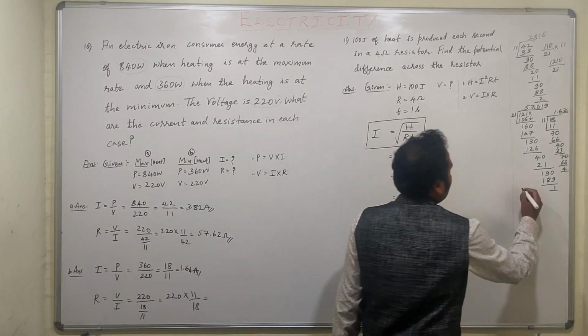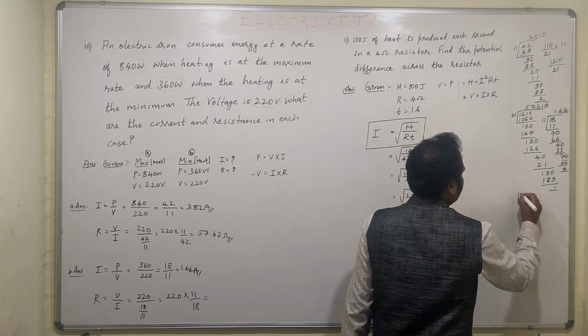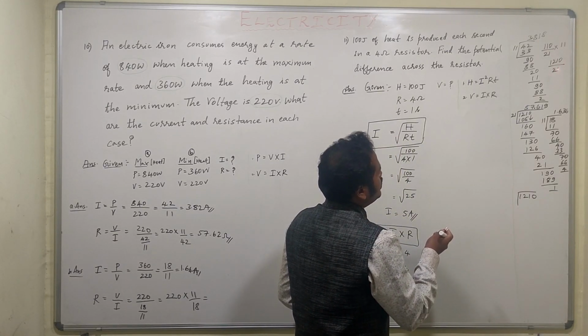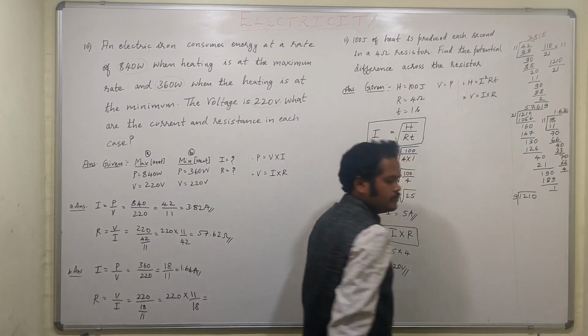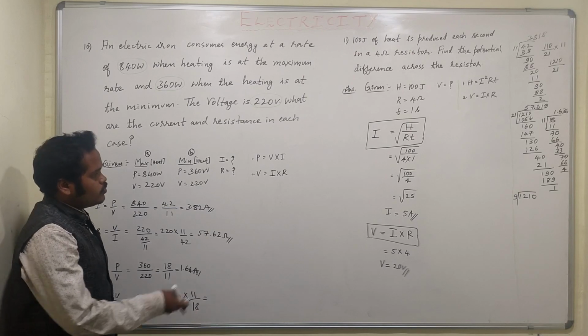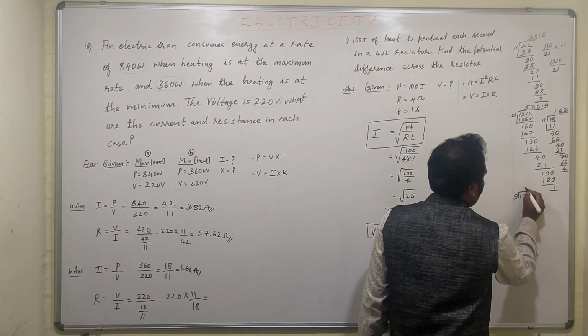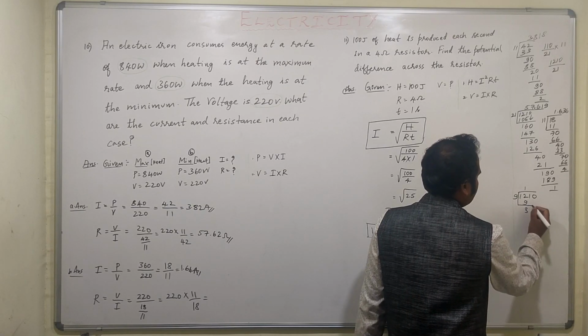So 1210 is getting divided by 9. There it was 21, here it is 9. So we are dividing 1210 by 9. 9 1s are 9. Subtracting, we get 3.